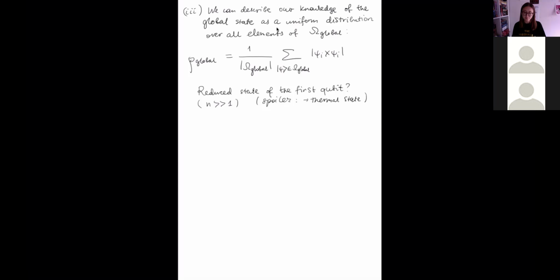And in that case, because we don't have any further information about the system, and because the density matrix describes our knowledge, or in this case lack of knowledge, about the system, what we would arrive at would be the thermal state, because this is the free state.